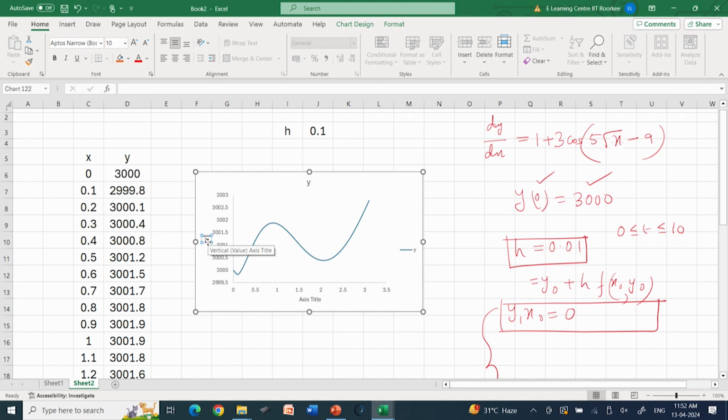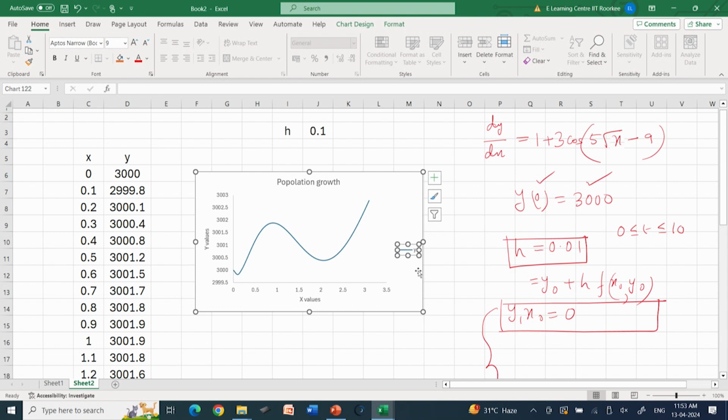So, y value, here it is x values. As usual you can type the chart title, growth.